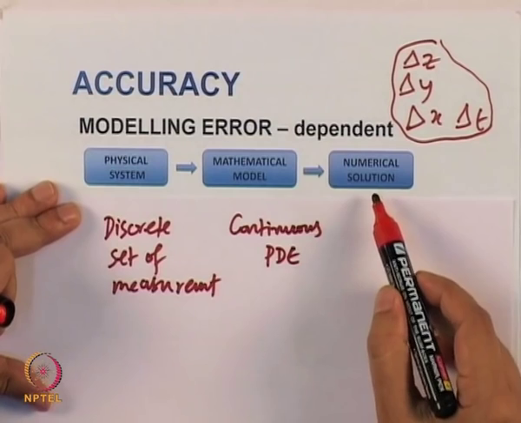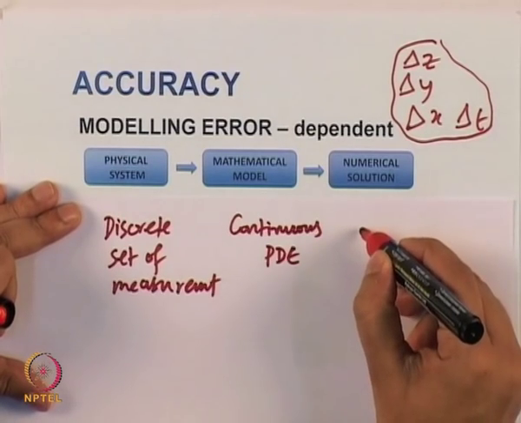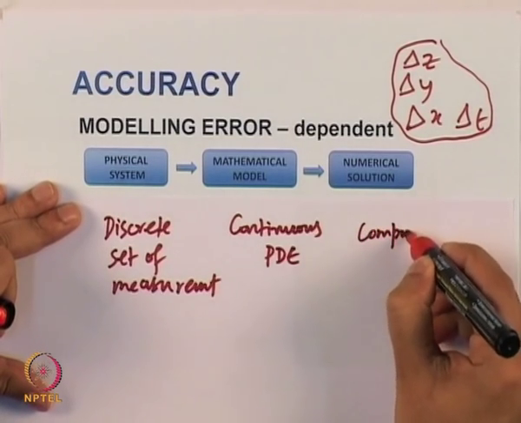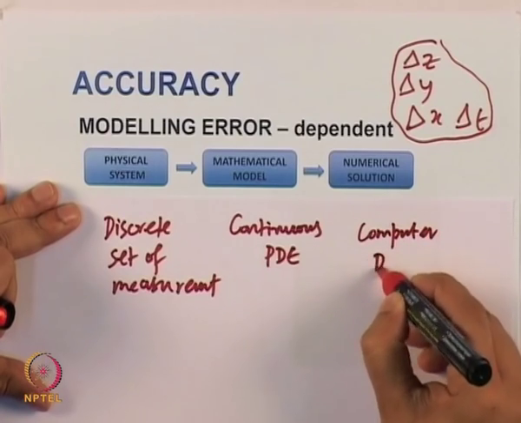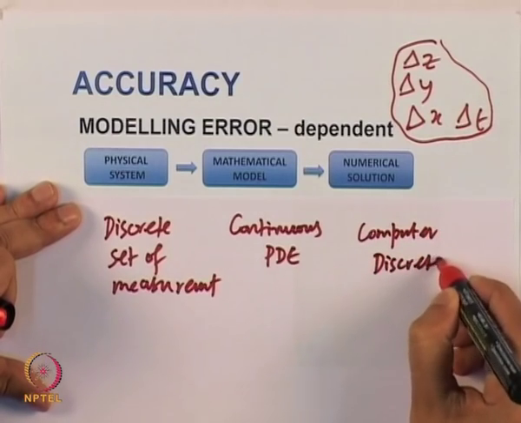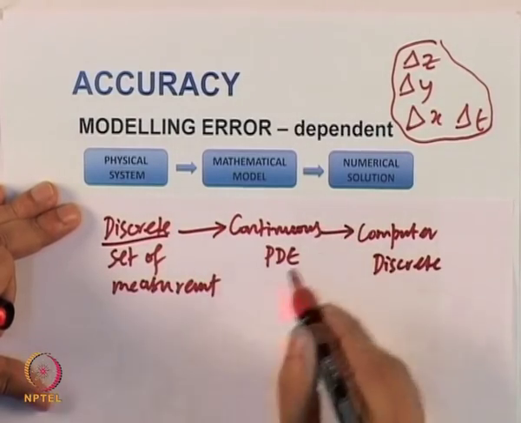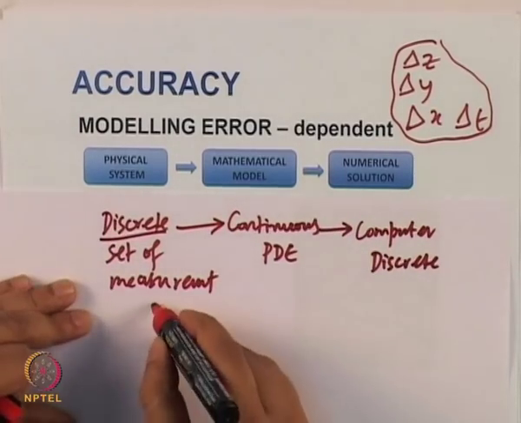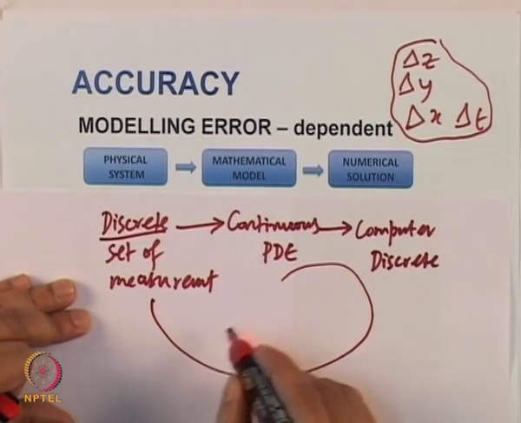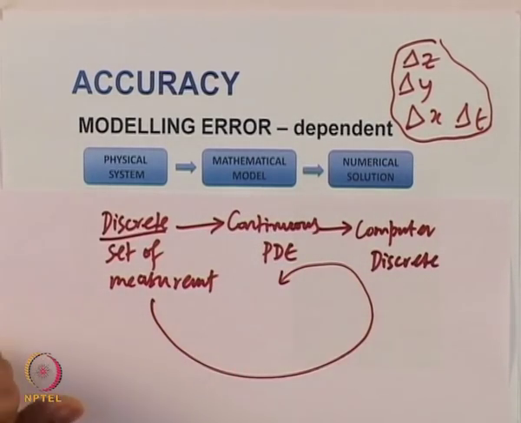And again, when we go to the numerical solution, the computer can only handle discrete space. So we are going from discrete to continuous to again discrete, which is going the roundabout way, right? We will address this issue when we talk about the method of algebraic topology.